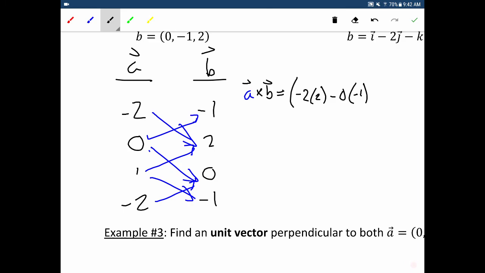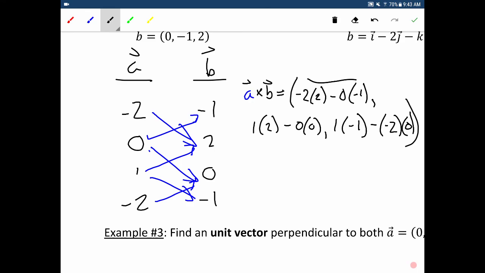I'm going to pick it up down here because I ran out of room. 1 times 2 minus 0 times 0, and then the z is 1 times -1 minus -2 times 0. Okay? That would be a vector.